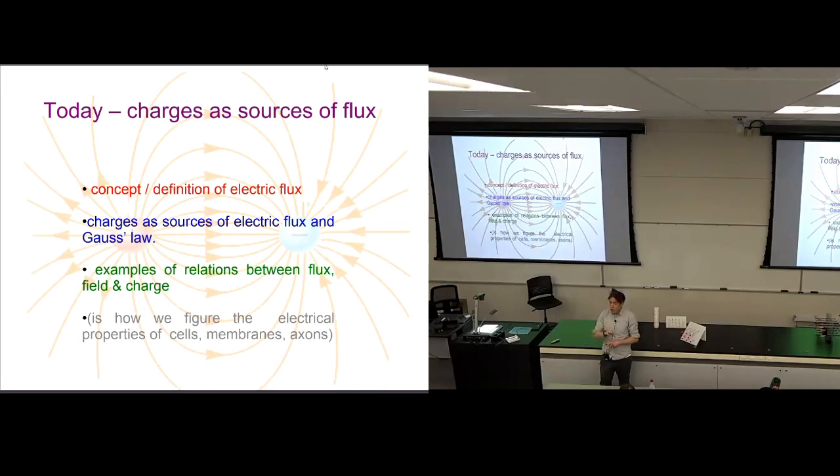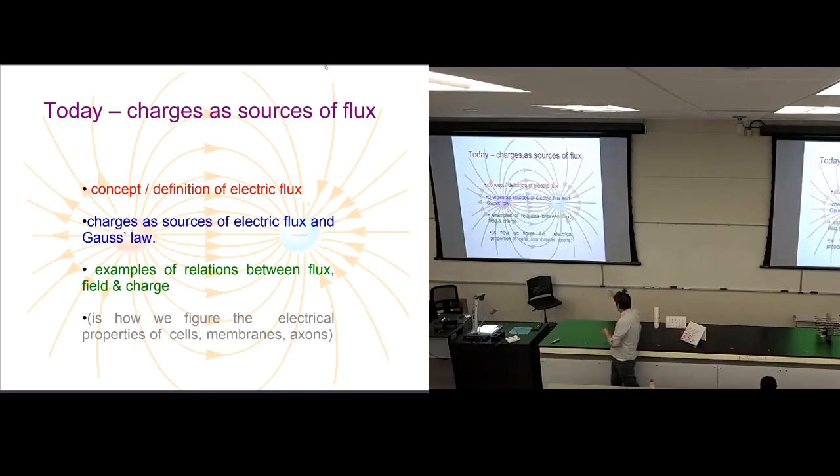It's the relationship between electrical flux and electrical charge, like Coulomb's law is a relationship between electrical field and electrical charge. So we'll introduce that. We'll look at some illustrations and examples of electrical flux, electrical field, and electrical charge to get used to the concept of electrical flux and its connection to electrical field and electrical charge.